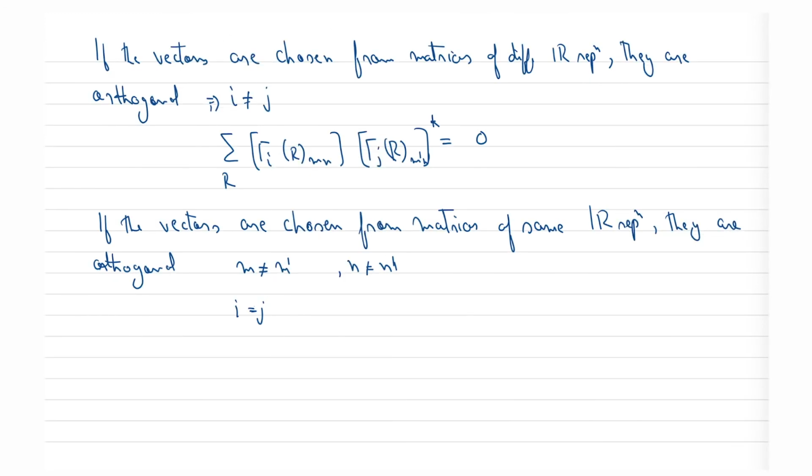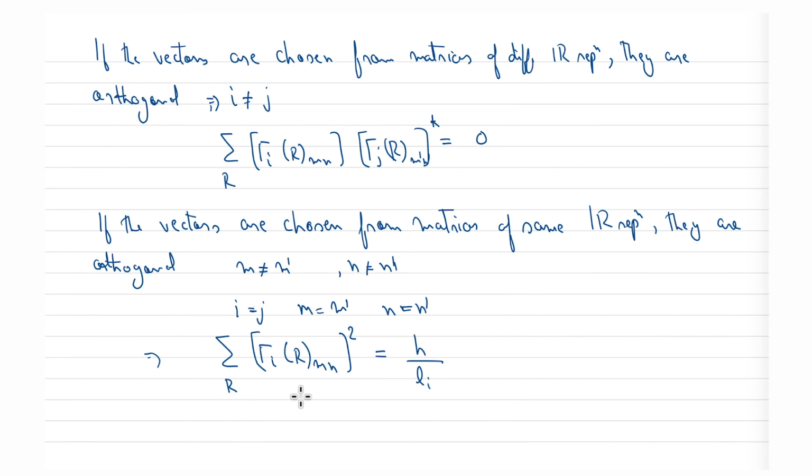So this implies that you have summation over all r of tau i r mn, this is my first, and the second is also the same, so this goes as a square, right? And then this becomes h upon li, right?